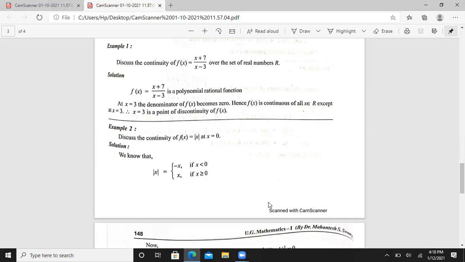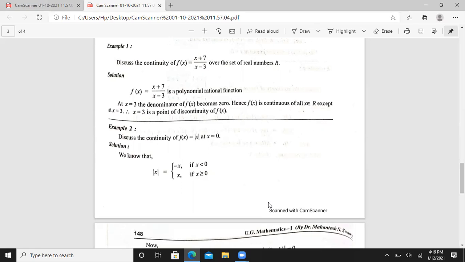Okay, first you take the solution. The function f of x equal to x plus 7 divided by x minus 3 is a rational function. Then at x equal to 3, the denominator x minus 3 becomes 3 minus 3, which is 0.